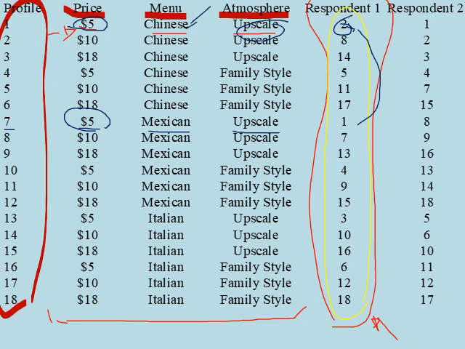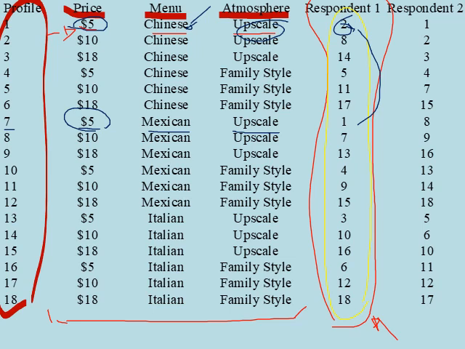But what has changed is now the menu is Chinese. So what we can learn from this data right away is that this person is willing to trade off the menu so long as it can have a cheap and upscale restaurant.